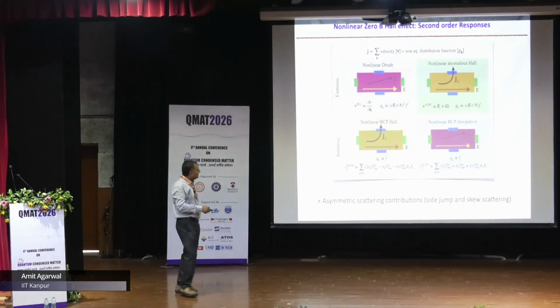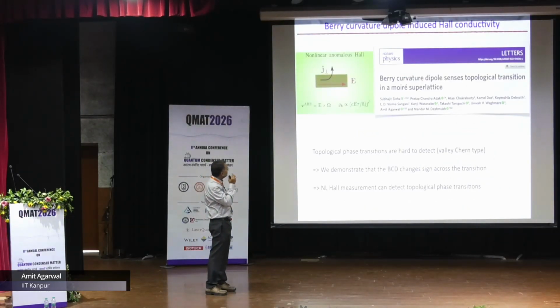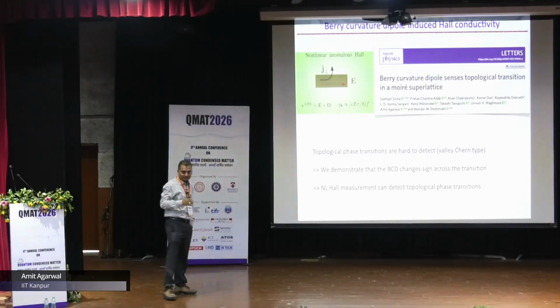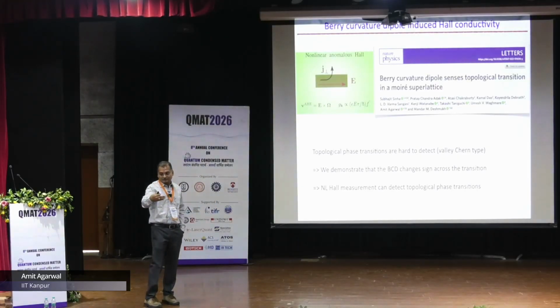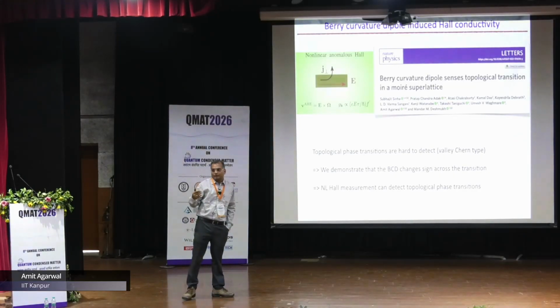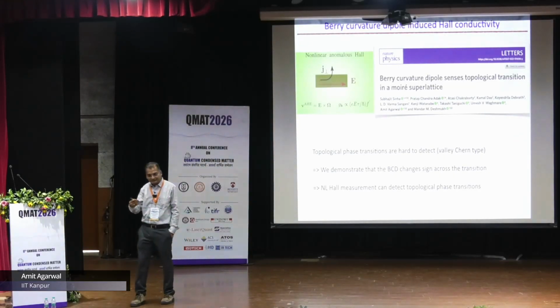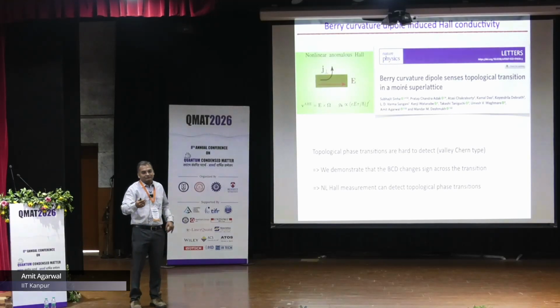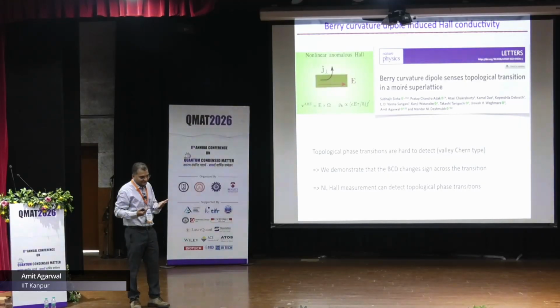For the anomalous Hall, for example, we use the response to study a nice problem. In topological materials, probing topological phase transitions is sort of difficult. We rely on indirect signatures which appear in resistivity measurements, etc., but they can also arise from metal insulator transitions, for example.